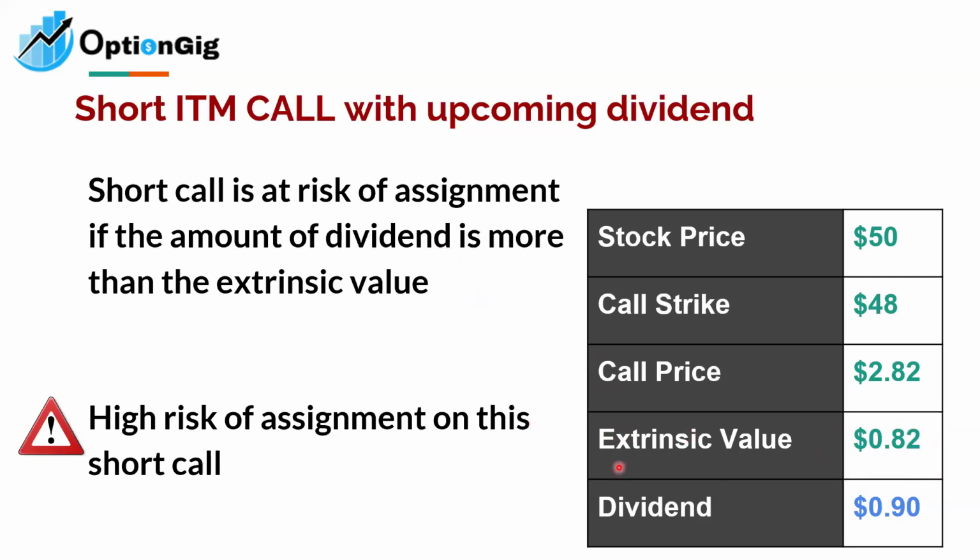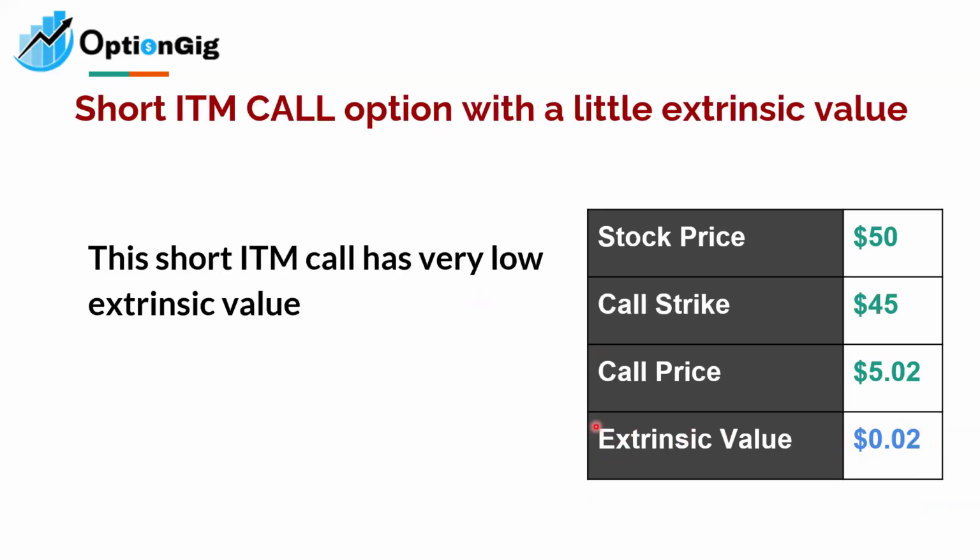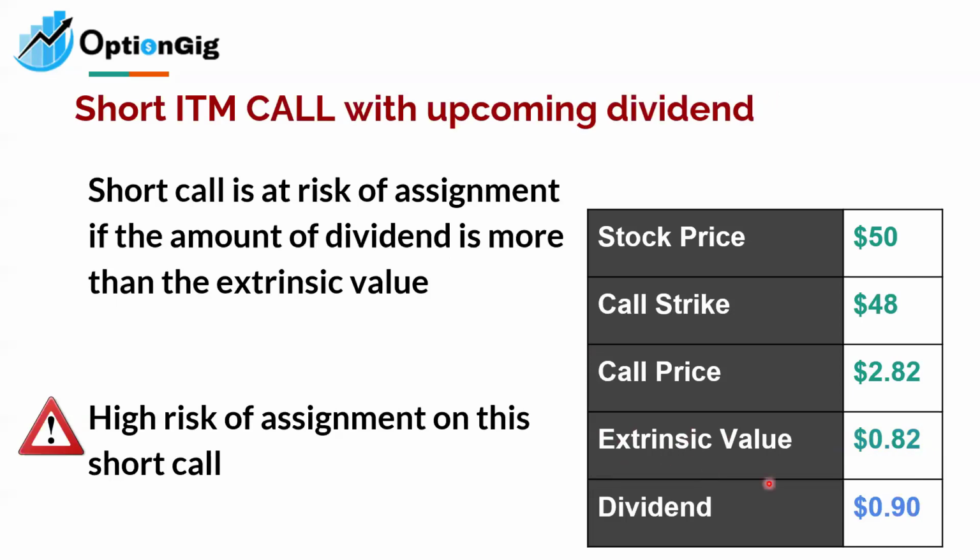They have to forgo the chance to earn this extrinsic value. So in previous cases, I may be okay to give away 3 cents, the option buyer may be okay to give away 2 cents, but if it's a bigger amount, maybe not. In this case, if you're short a call, someone can buy the shares from you. They may be okay to give away 82 cents in extrinsic value, because if they get the shares from you, they're going to earn the dividend of 90 cents.